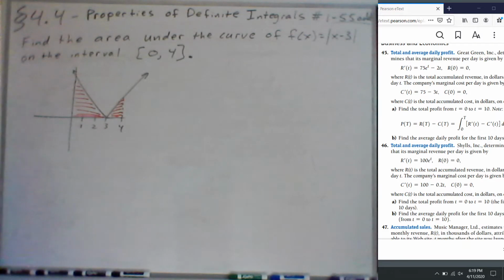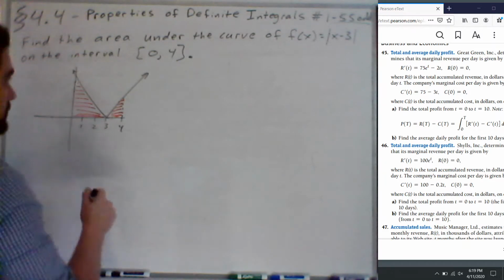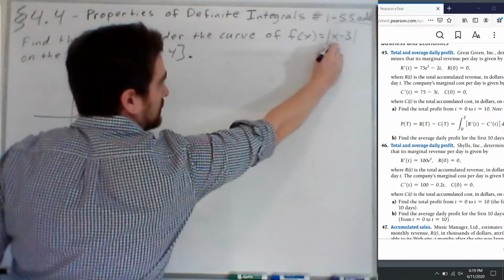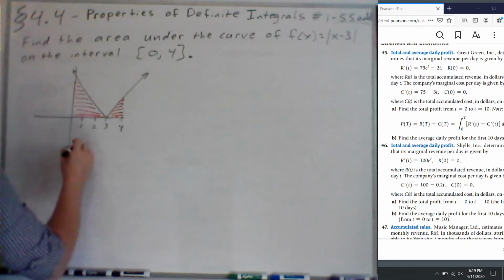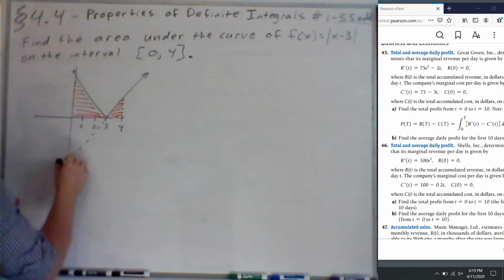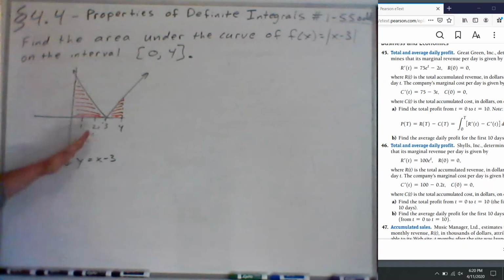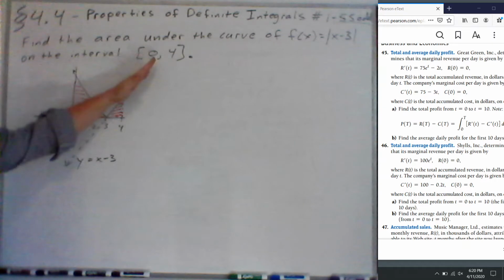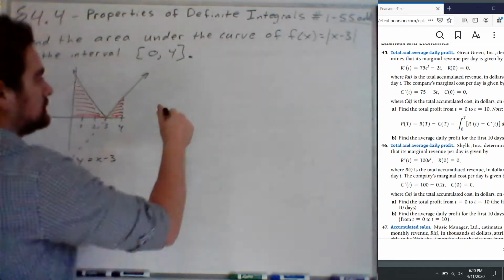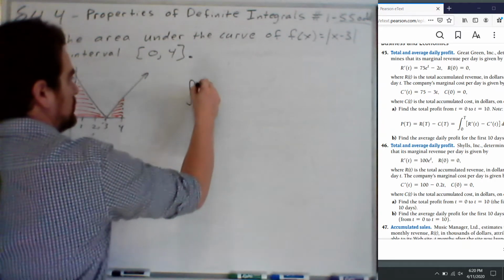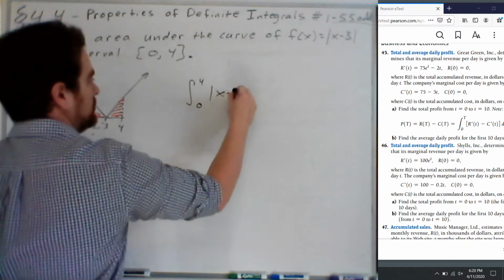So I want to see how much area is there. Now be careful, because this function, or I should say y equals x minus 3, is actually this straight line. So if I integrate this from 0 to 4 with the absolute value function.